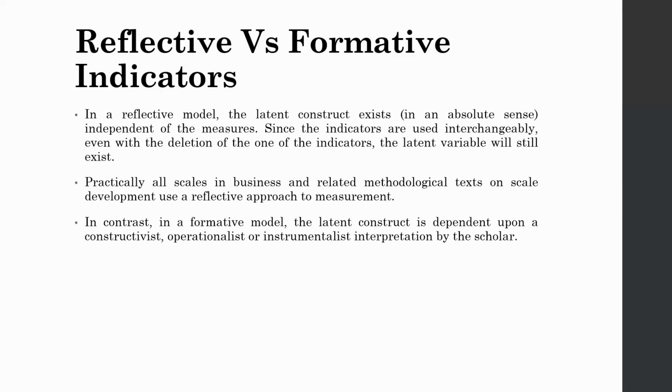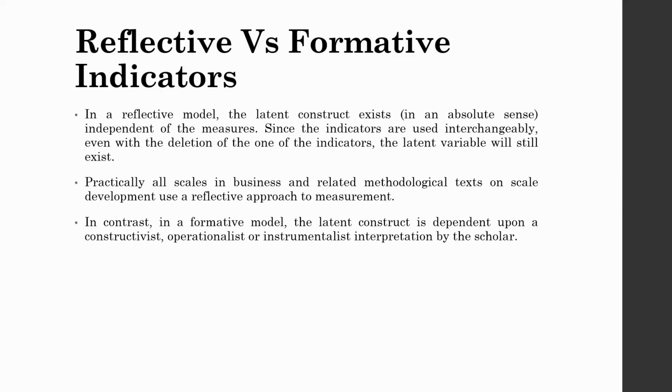In contrast, in the formative model, the latent construct is dependent on the constructivist or operationalist or instrumentalist interpretation. How and what makes this latent variable? What and how the items combine to form the latent variable. It's how you interpret, how you operationalize the concept.